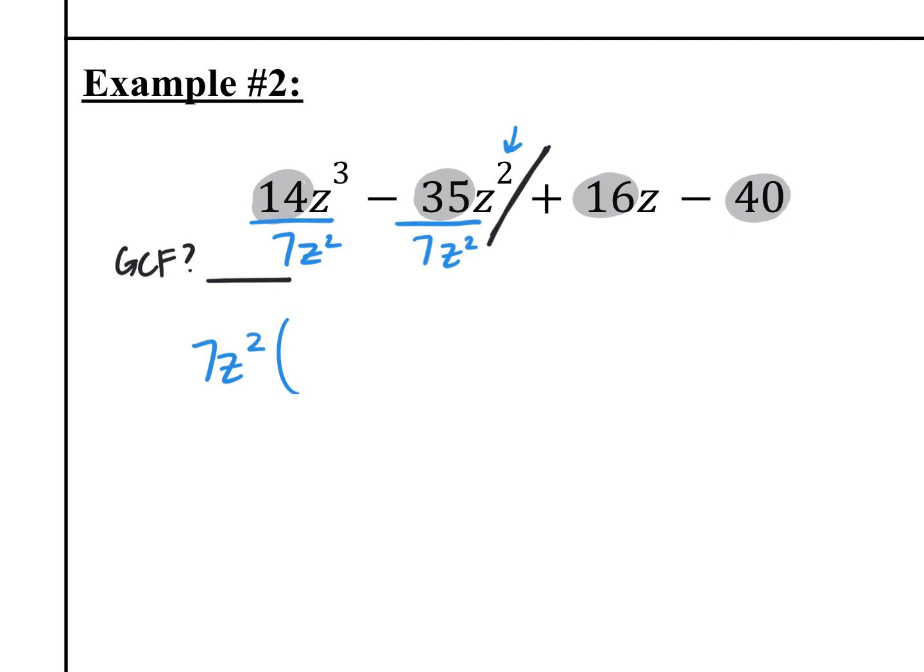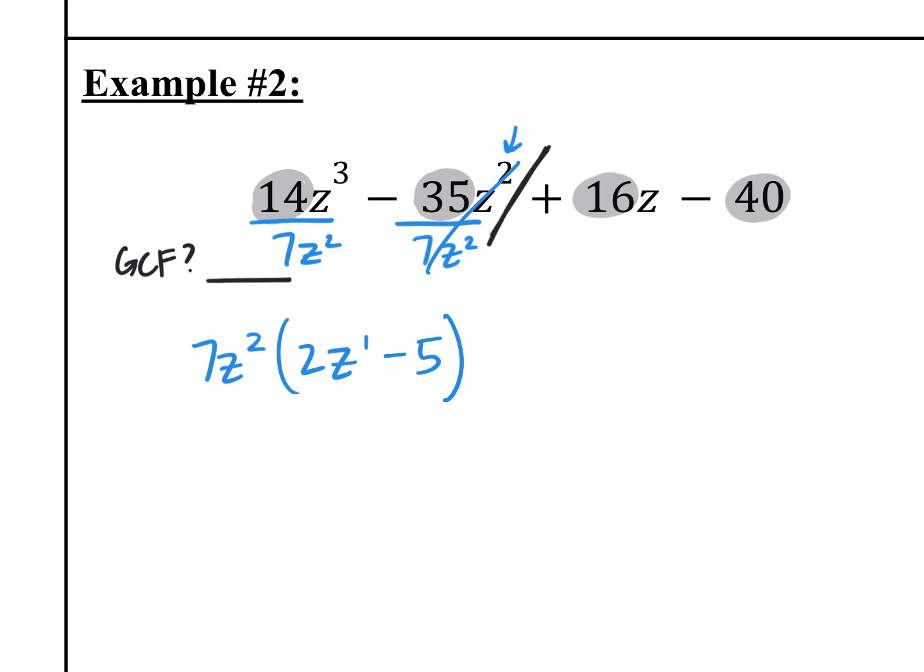That gives me 2. And then I'm going to divide my variables, z to the third and z to the second. Remember, I subtract those exponents, so I would get z to the first power. Then I'm going to take negative 35, it is a negative, divided by 7. That would give me minus 5. And if I have z squared divided by z squared, that cancels out. And so I have 2z minus 5 in my parentheses.